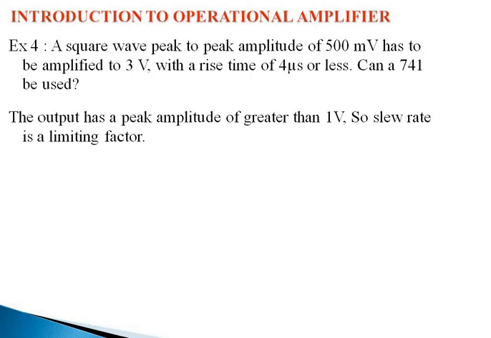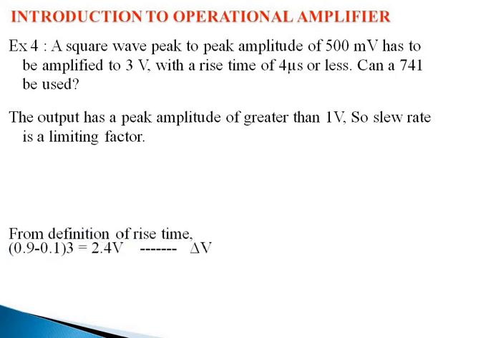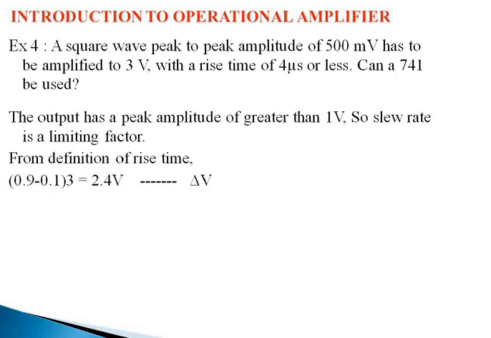If the output peak amplitude is greater than 1 volt, we have to consider the slew rate. If it is less than 1 volt, the output will not be affected by the slew rate. So from definition of rise time, 0.9 minus 0.1 into 3 equals 2.4.